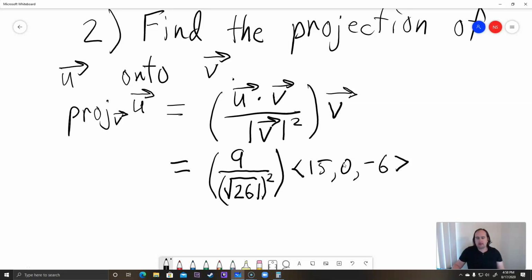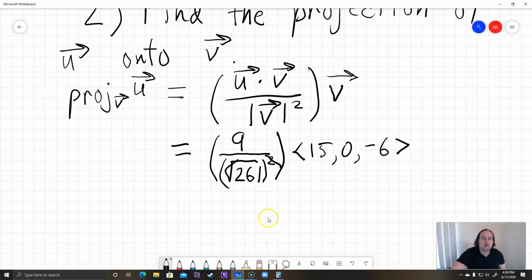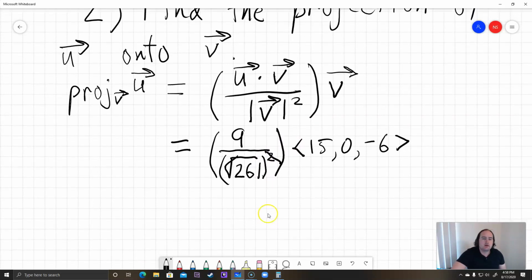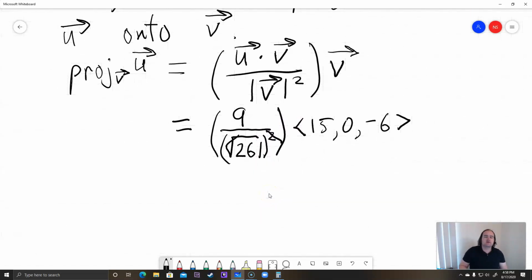But as you can see here, first we have to simplify what's on the left. So the square root and the square cancel out, so we just get 261. And then recall that 261 is actually 9 times 29. So on the top we have 9, on the bottom we have 9 times 29.